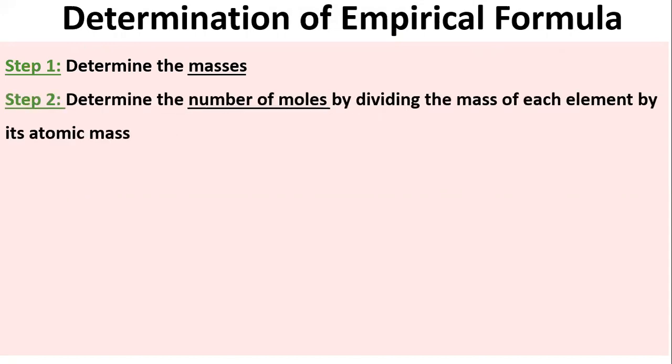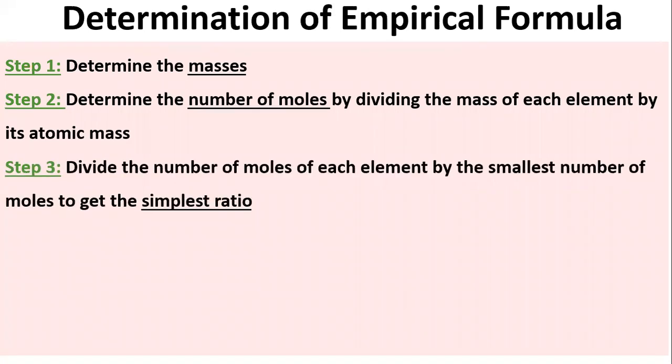In the second step, we have to determine the number of moles by dividing the mass of each element by its atomic weight or atomic mass. Okay. In the third step, we have to divide the number of moles of each element by the smallest number. We have to select the smallest number to get the simplest ratio. So this will be the third step.